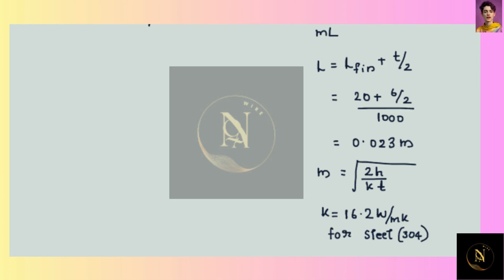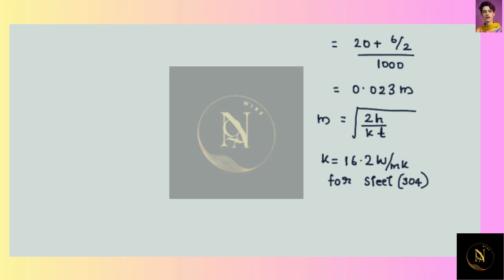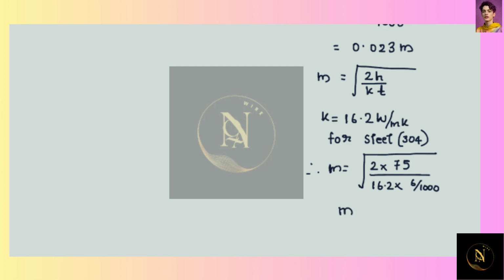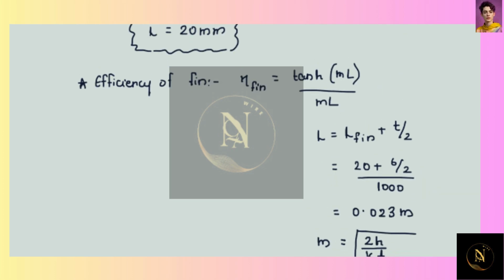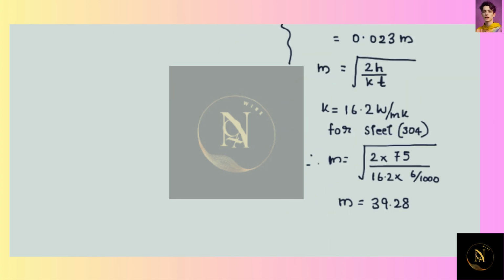Therefore, m is equal to square root of 2 into 75 divided by 16.2 into thickness, which is 6 by 1000 meter. Upon solving, we will get m is equal to 39.28.